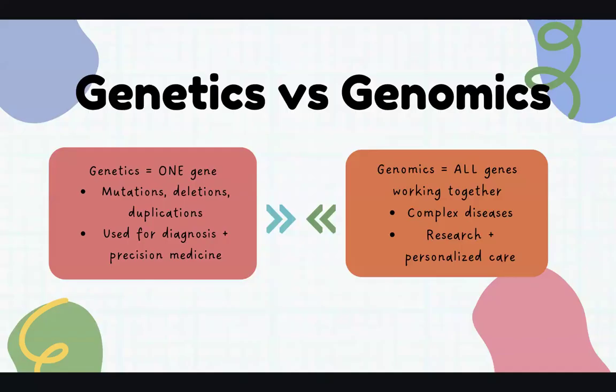And then genomics is that zoomed out picture. It's looking at all of the genes working together, and it's used especially in complex diseases, and this is where research and the personalized care end up living. So, just to break it down and think of it a little bit easier, genetics is more like a chapter, and genomics is the whole book.